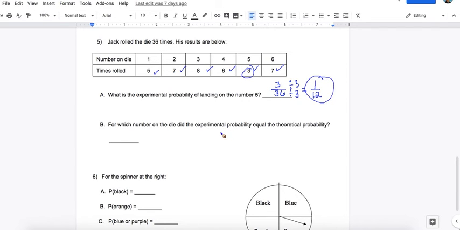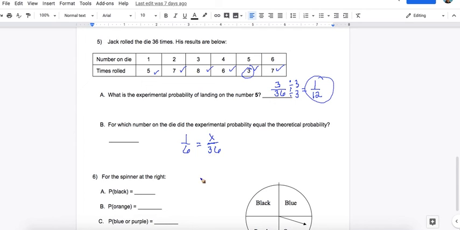For which number on the die did the experimental equal the theoretical? Okay, well, the theoretical is 1/6 of all these numbers. That's what you're supposed to have. But when you roll a die, you're supposed to get number 1, 1/6 of the time, 2, 1/6 of the time. Okay, so I got to figure out which one of these is 1/6. Well, I know that I'm doing it 36 times. Okay, so I could set up a proportion.